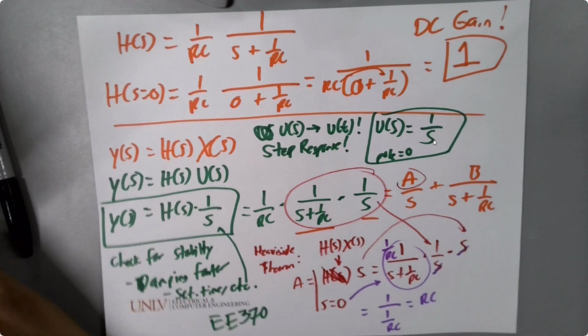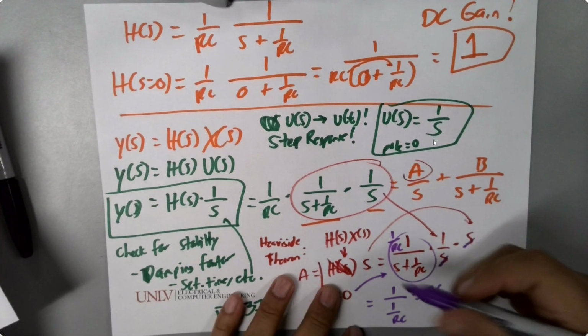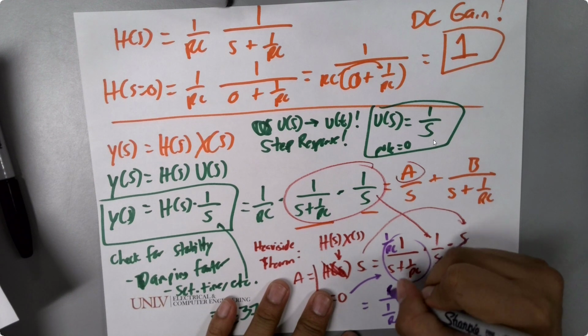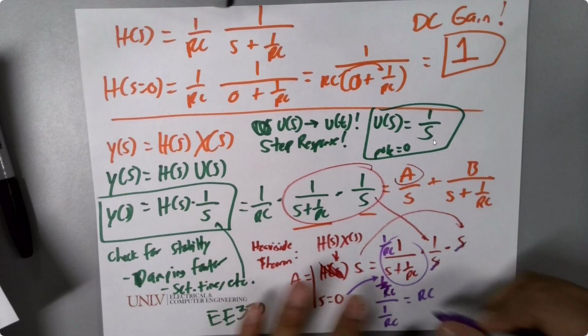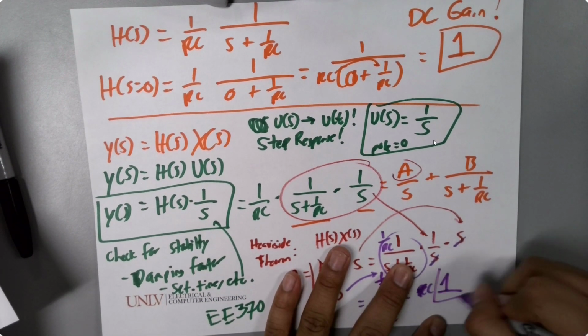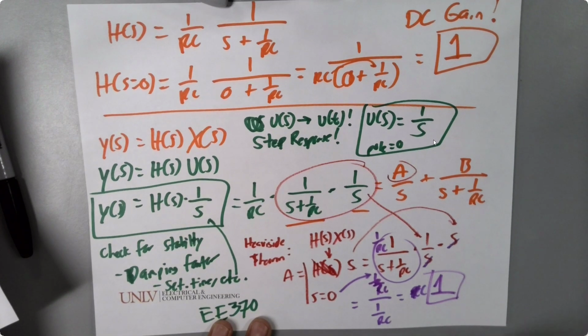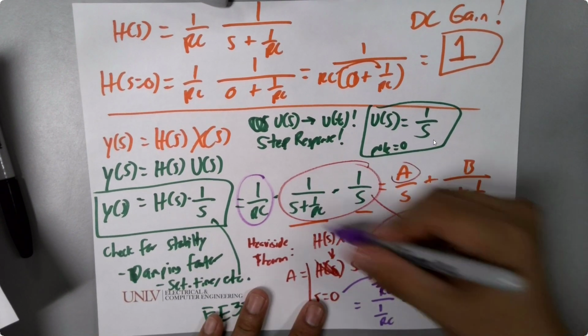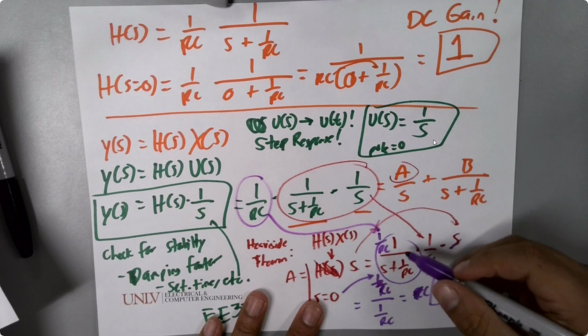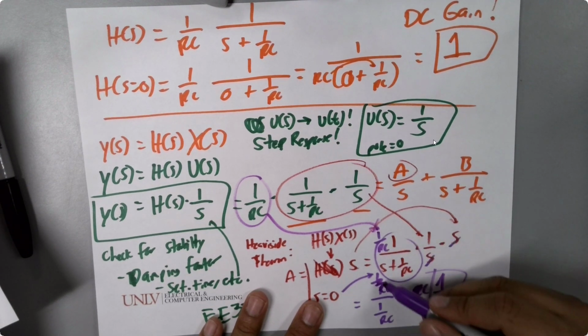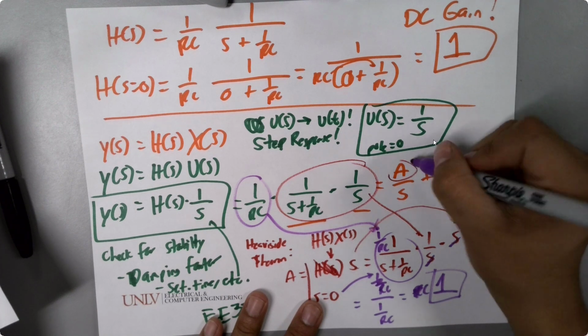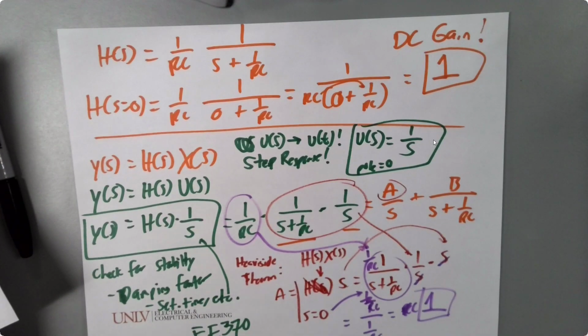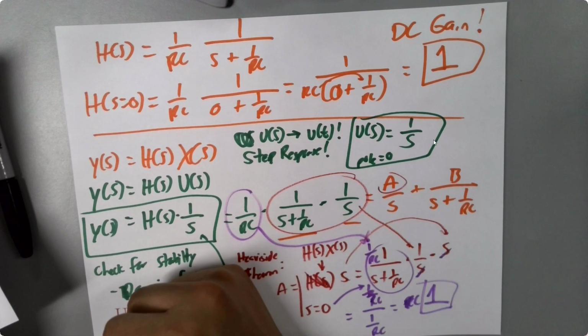Oh, ignore that. 1 over RC, 1 over RC. There we go, 1. So I accidentally forgot this. This goes right there. Here's that 1 over RC. It's 1 over RC divided by 1 over RC to give you 1. So that means this right here is 1. And then consequently, you can do the same thing with the other one.